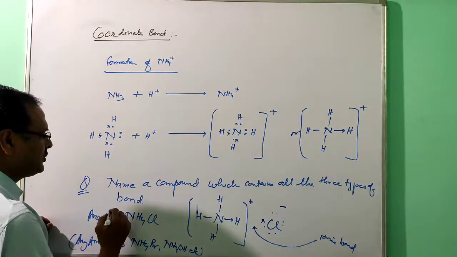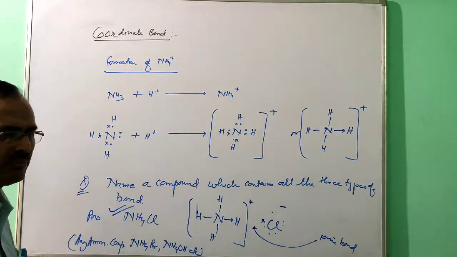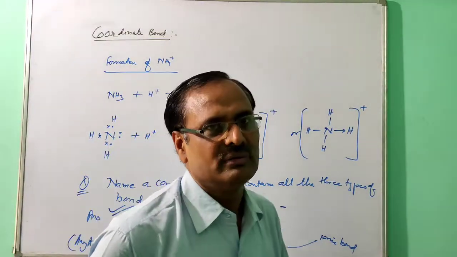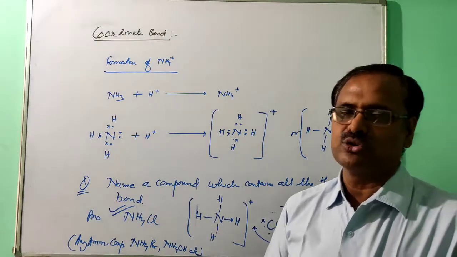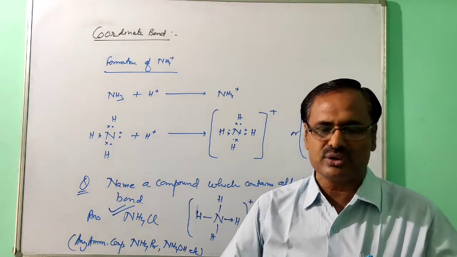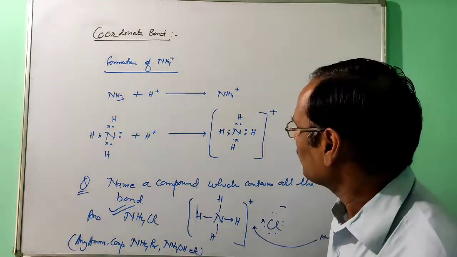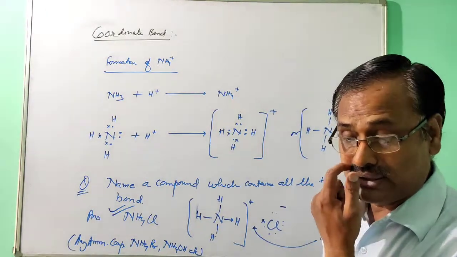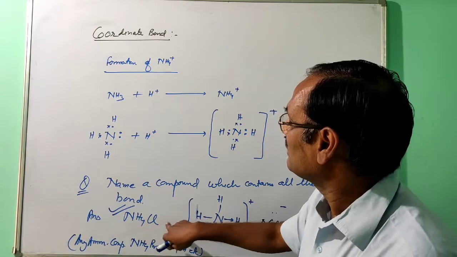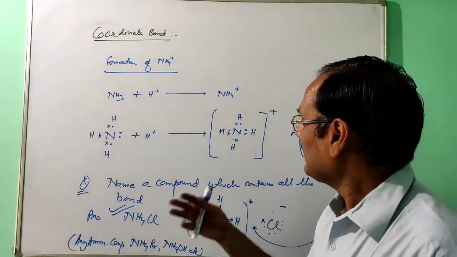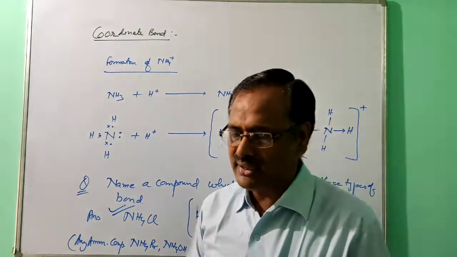But I suggest you write only ammonium chloride, because this is a well known question and a well known answer. Everybody knows ammonium chloride, so when you write it, there is no chance of losing marks. But if you write any other ammonium compound, and the teachers are not familiar, you may lose the mark. So that's why I suggest ammonium chloride, but any ammonium compound answer will be correct.